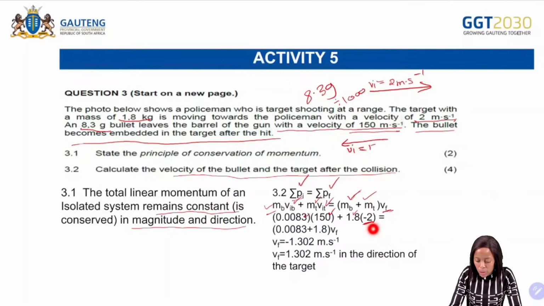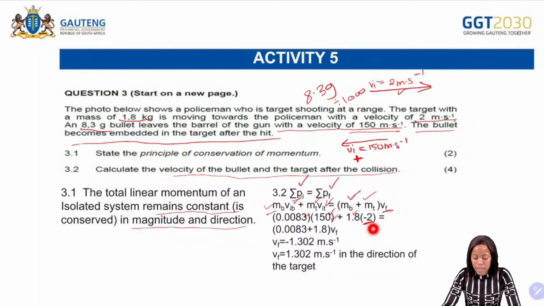So if we have a positive 150 meters per second here, it means that we chose the left, or towards the target, as positive. And then we chose towards the person as that direction, it means that we chose it as negative, and hence that's why we have a -2.